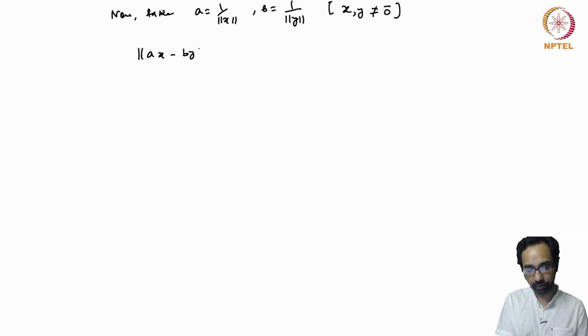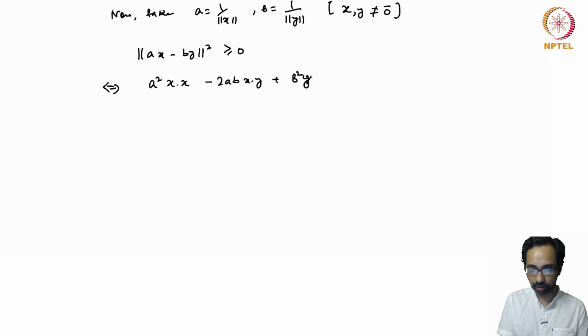Now what we get is that (ax - by)² is non-negative. This is equivalent to a² x · x - 2ab x · y + b² y · y being greater than or equal to 0.